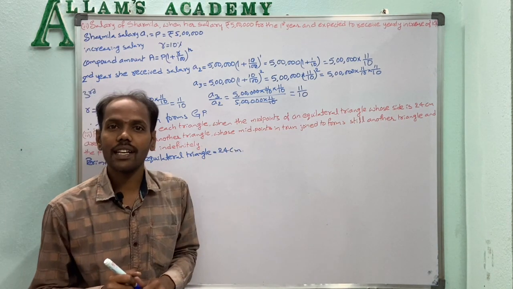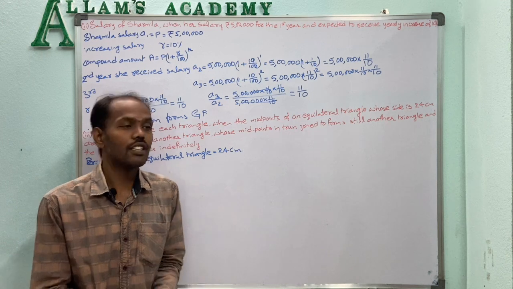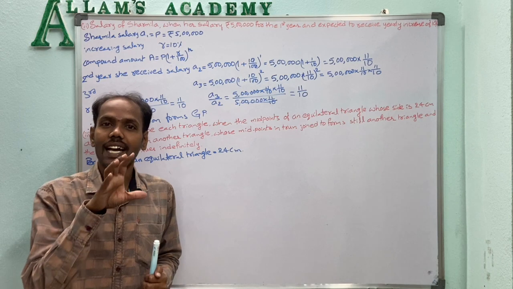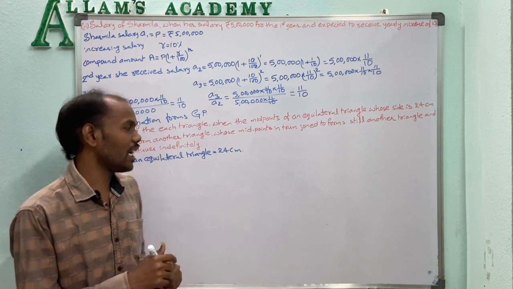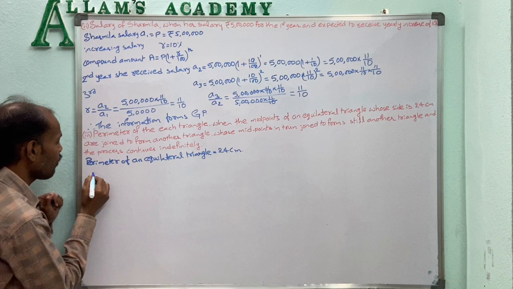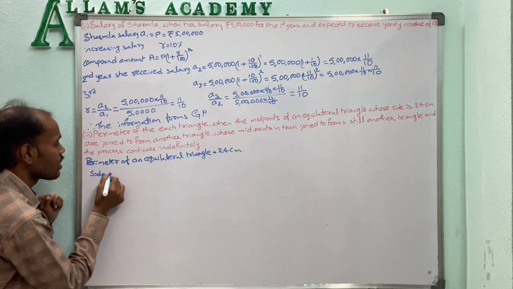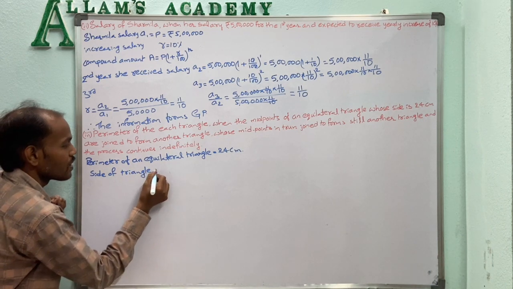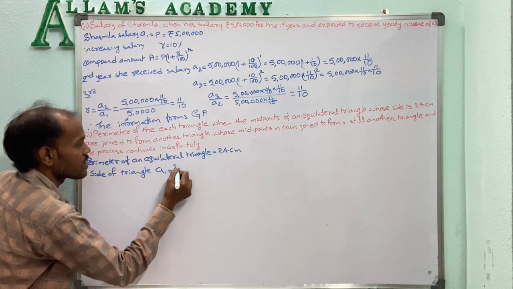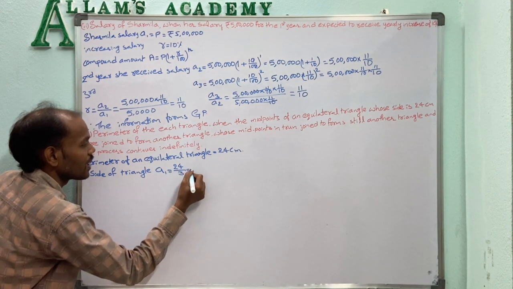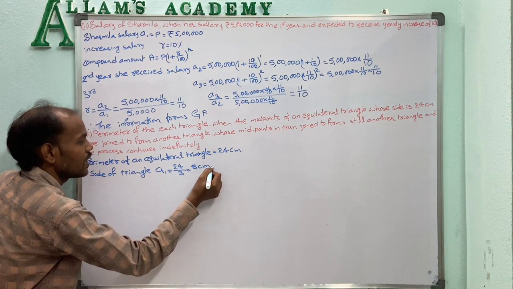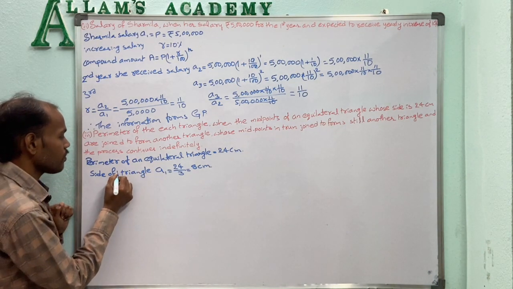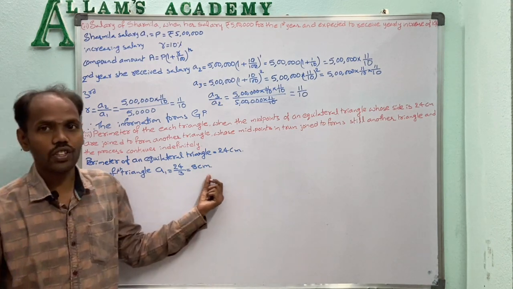Now perimeter is nothing but the sum of the sides. Equilateral means the sides of the triangle are all equal. So the side of the triangle is the first term A1 is equal to 24 by 3, that is equal to 8 centimeters. So the side of the first triangle, A1 is equal to 8 centimeters.